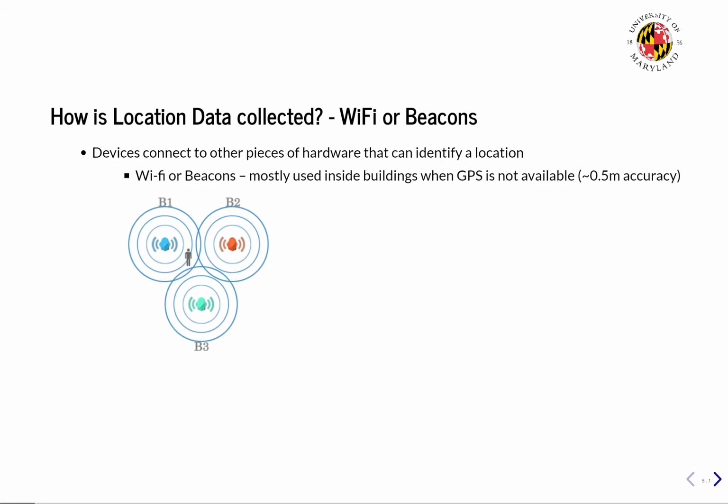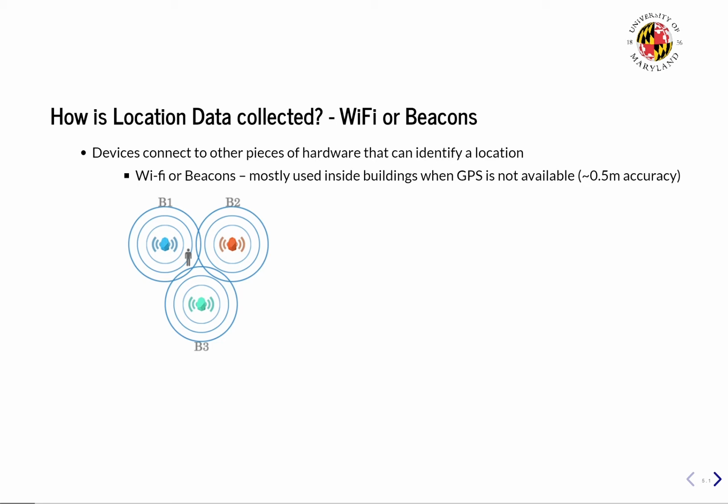The second method is Wi-Fi or beacons, another set of hardware that can be used to collect location data. These devices are mostly installed inside buildings which have stable and fixed boundaries.